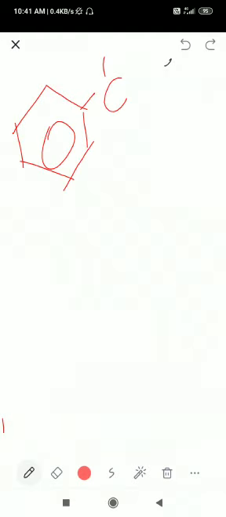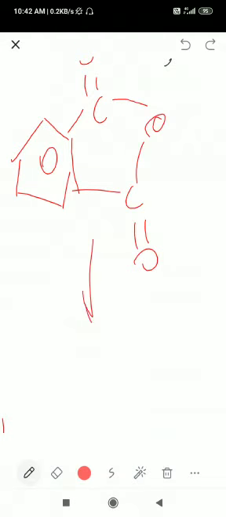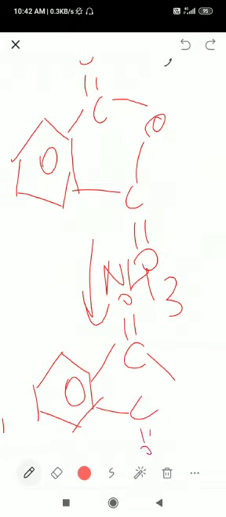We know this is phthalic anhydride. We will just add ammonia and then we will get phthalimide, which we use in this reaction: C double bond O and NH.